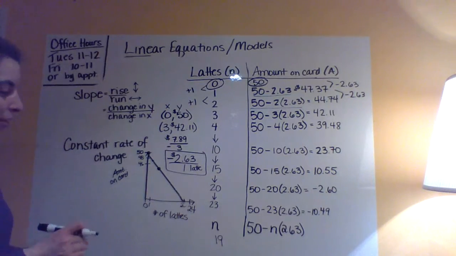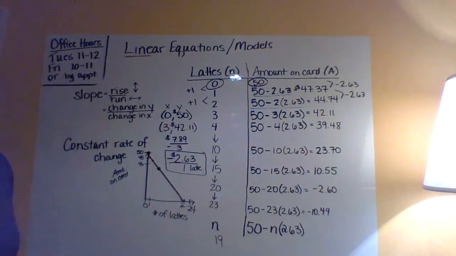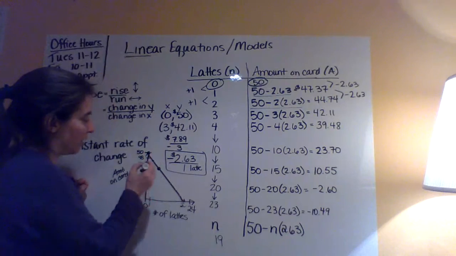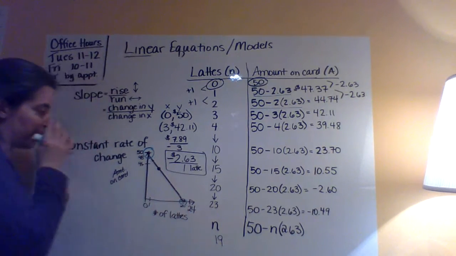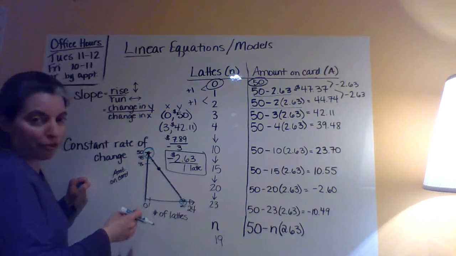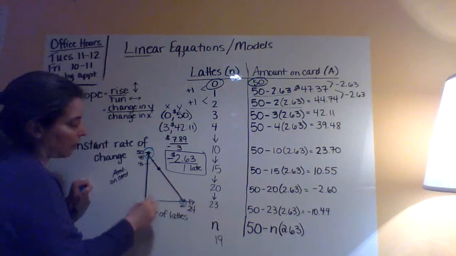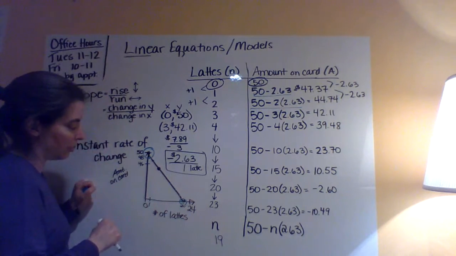The other places on the graph that are important are the intercepts. So the intercepts are where the line crosses the axes. So there's one here and there's one here, okay, in this particular graph. This is called the y-intercept or the vertical intercept, and this is called the x-intercept or the horizontal intercept.